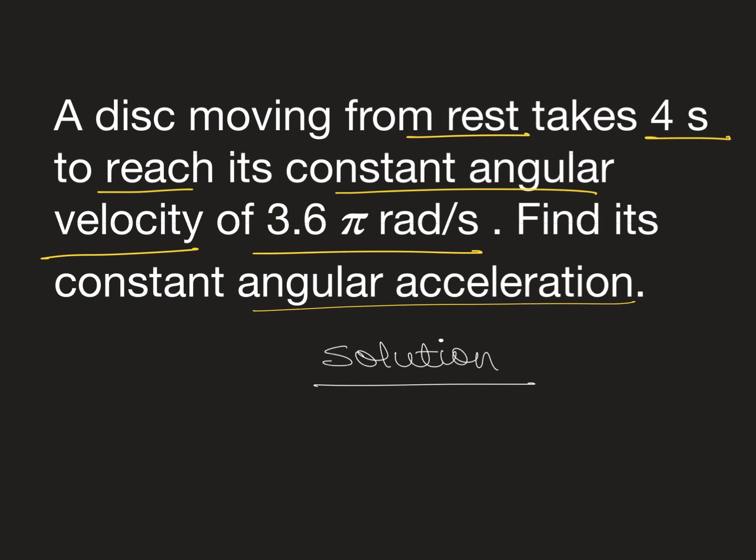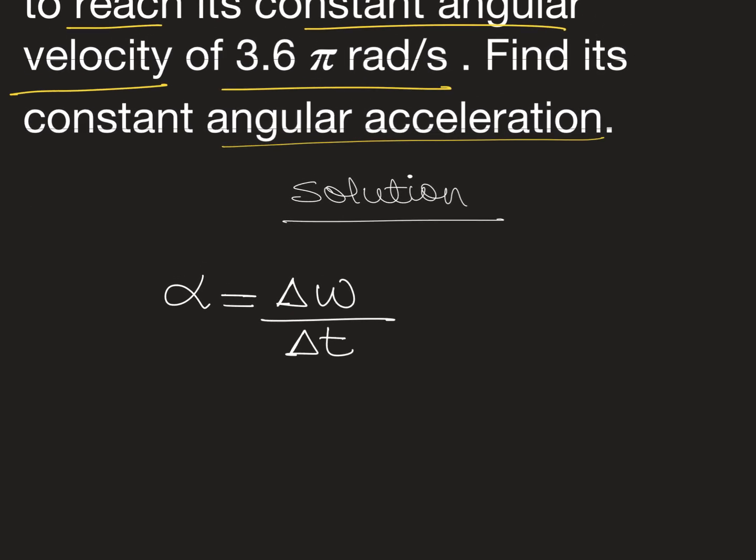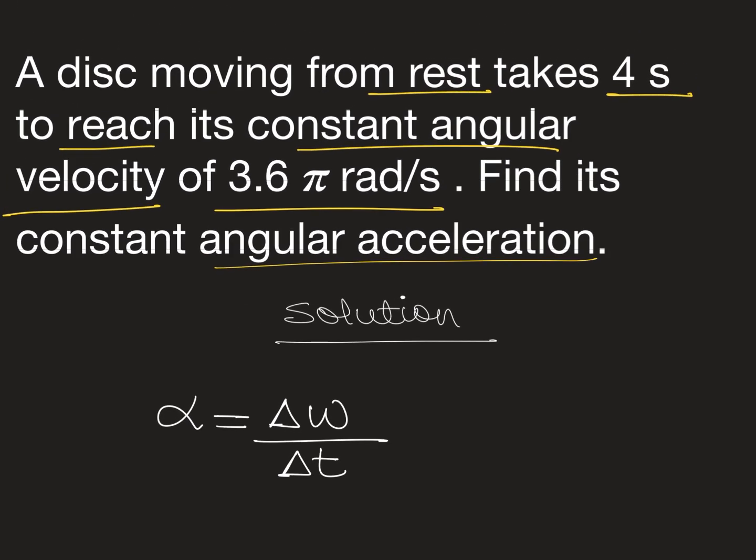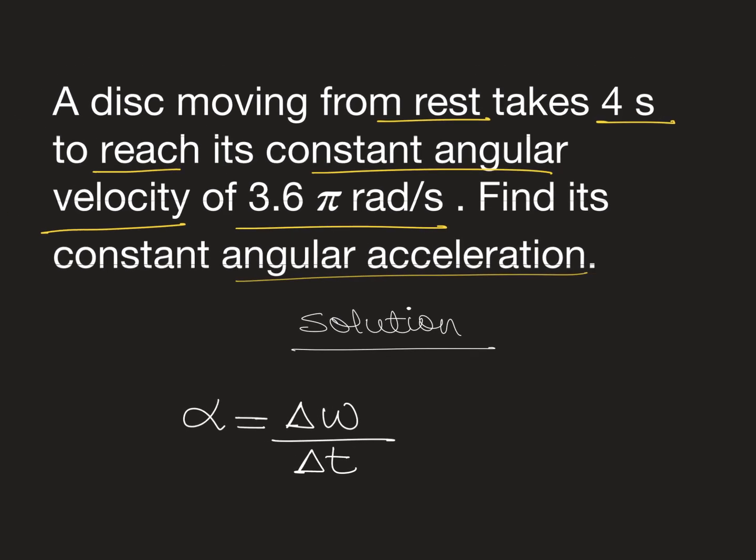Angular acceleration is represented with the symbol alpha, and by definition, it is the rate of change of angular velocity. So that is going to be the change in the angular velocity divided by the change in time. When we talk about change, it means that you are going to have two different extremes, if you like.